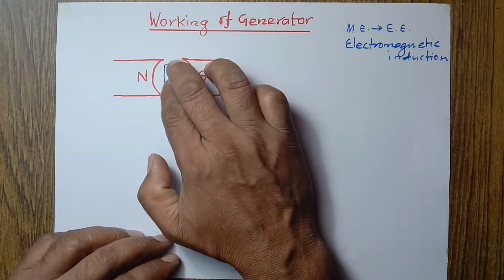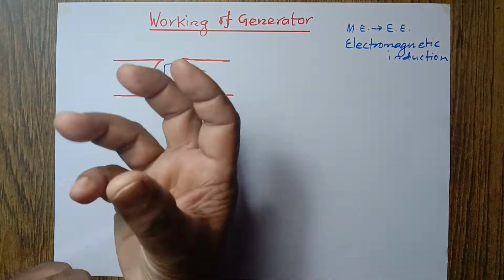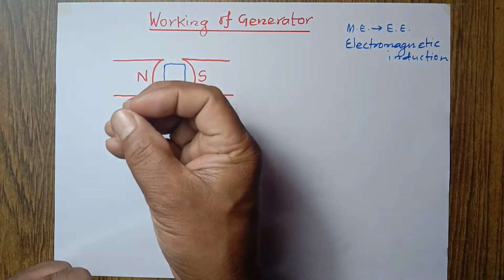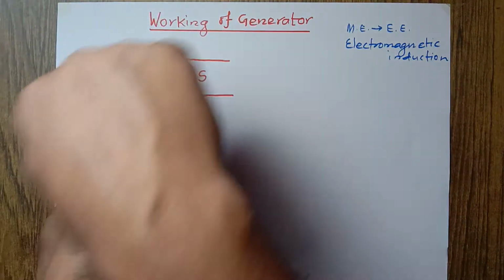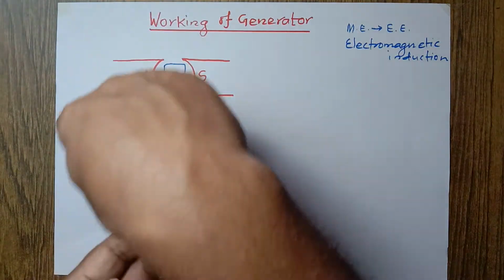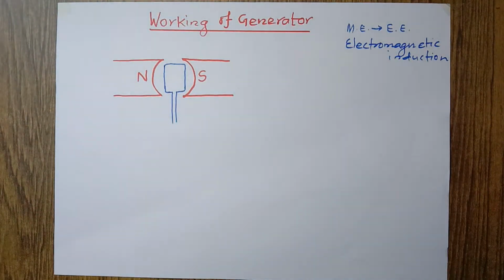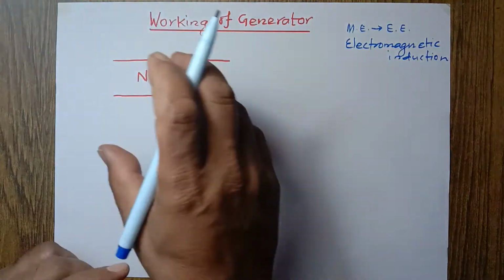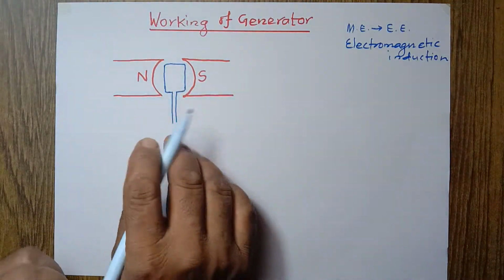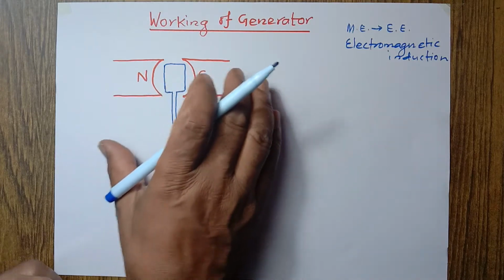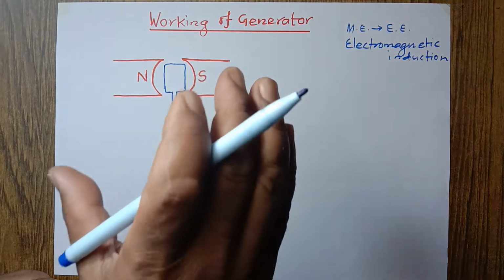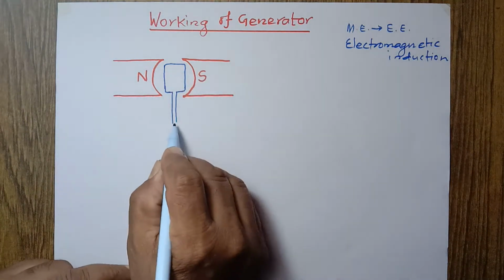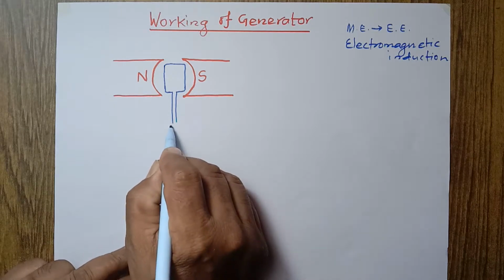The coil consists of iron in its core, in the central part, which is wound with insulated copper wire, and there are hundreds of turns. This coil having an iron core is placed between the poles, and the terminals of the coil are connected to the split ring. Look at this, I'm going to make a ring here.